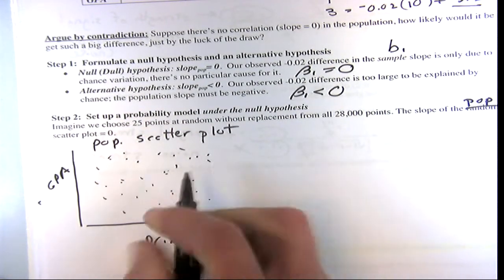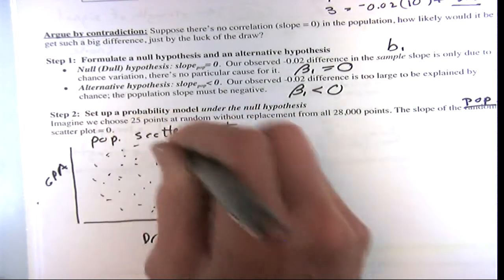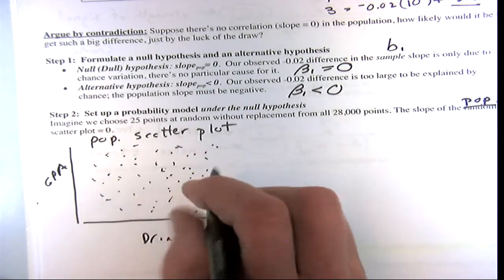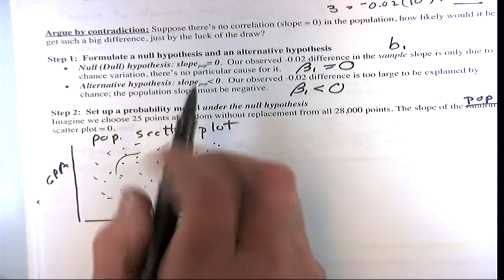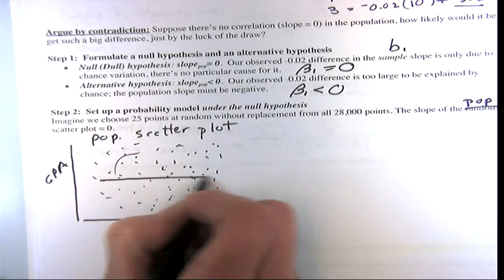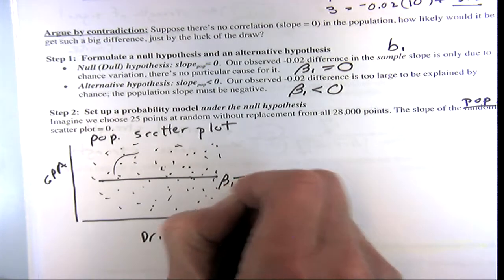And now the null is we assume that inside here, as opposed to with the confidence intervals, where we didn't make that assumption. We assume that the population slope here is completely flat, that beta 1 equals 0.